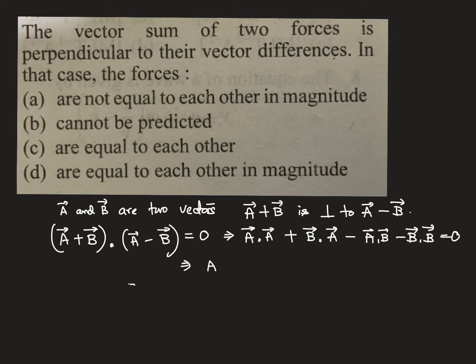A dot A is A square, cos 0 being 1. B dot A minus A dot B are equal, so they cancel. Minus B square is equal to 0, implying A square minus B square equals 0. The only option is A is equal to B, because A cannot be equal to minus B; A and B are both magnitudes, that is why. So the option will be: they are equal to each other in magnitude.